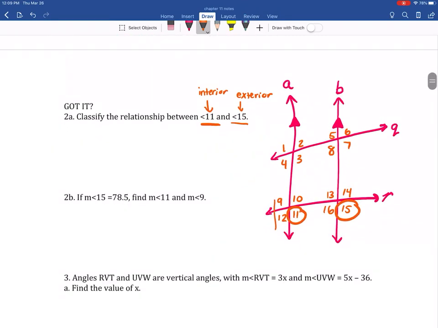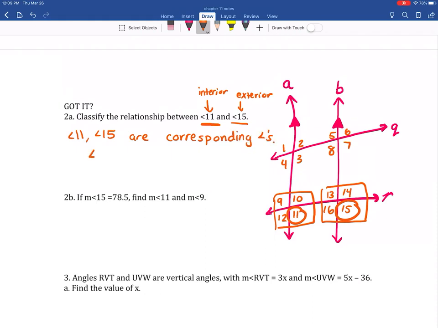Well, if I were to draw my foursquare courts here, do you see that player 11 and player 15 are in the same court? So I could say angle 11 and angle 15 are corresponding angles. Okay, and I could also say that because they're corresponding, angle 11 is congruent to angle 15.